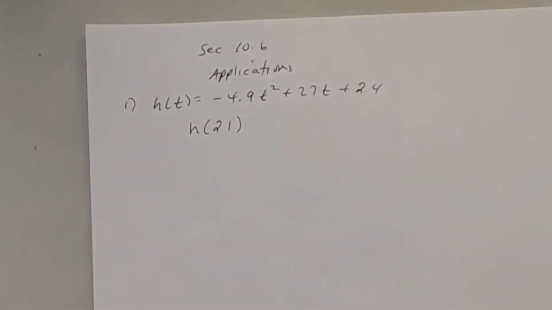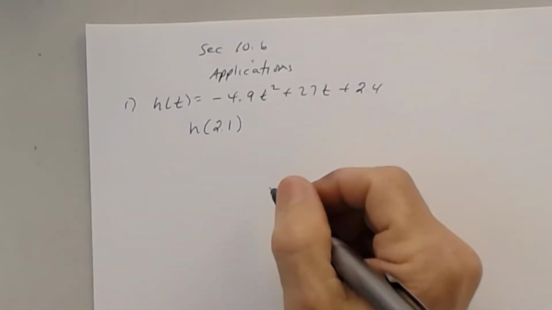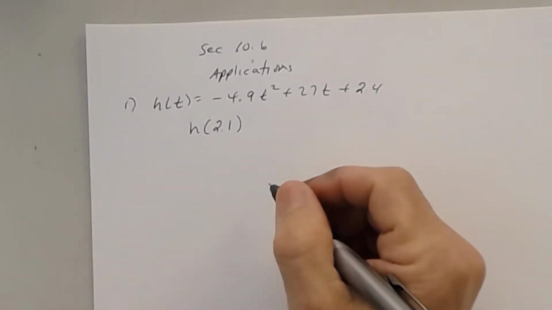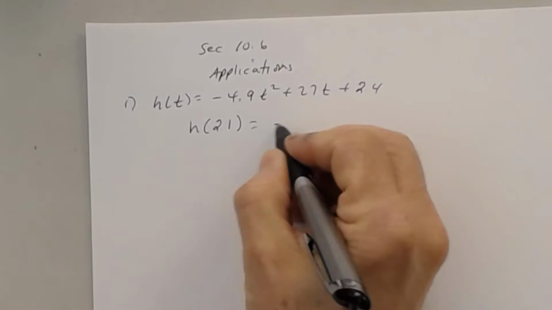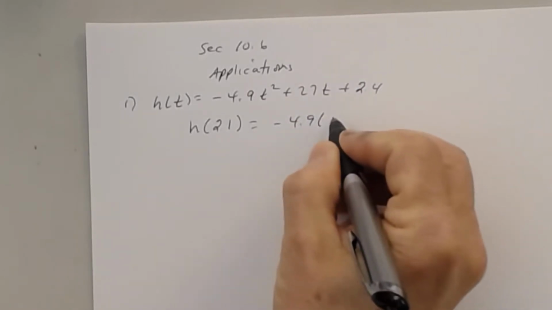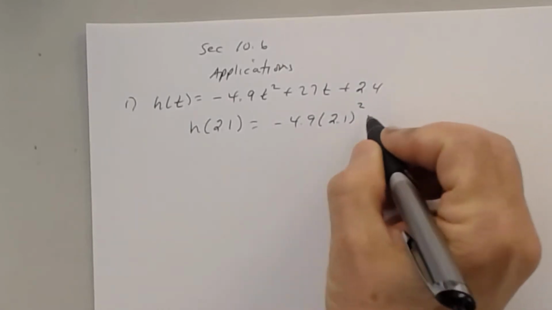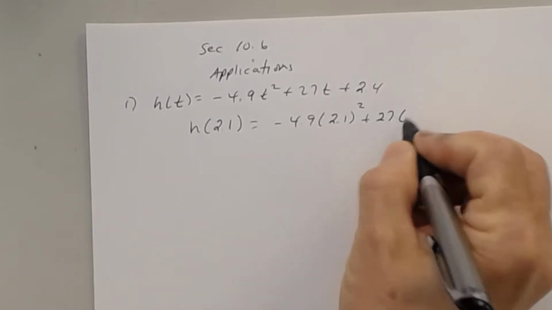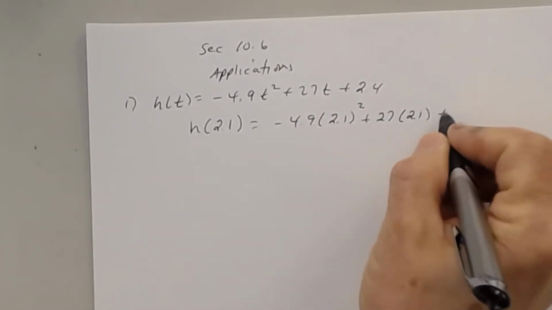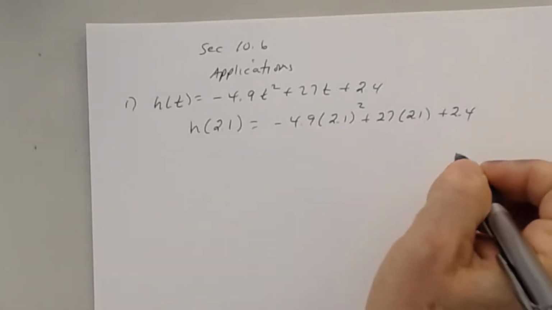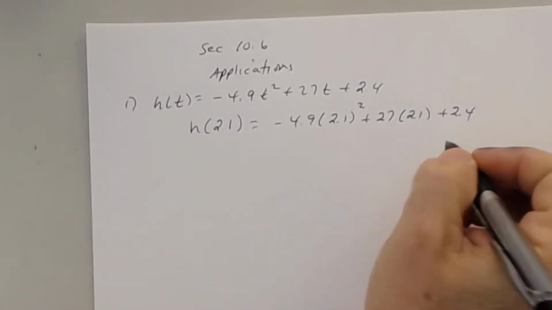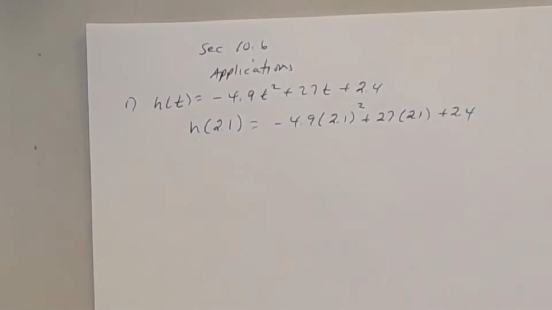Since there are decimals involved, just use your calculator. So you have negative 4.9 times 2.1, squared, plus 27 times 2.1, and then plus 2.4.